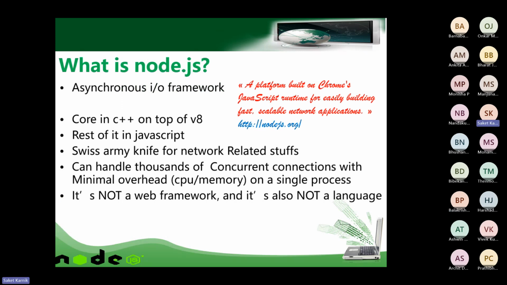So what is Node.js based on our discussion so far? Node.js is more of an environment that provides an asynchronous, non-blocking input-output framework, platform agnostic, written using C++ initially on top of Google Chrome's V8 JavaScript engine, means the JavaScript environment and interpreter were borrowed from the V8 engine of Google Chrome.